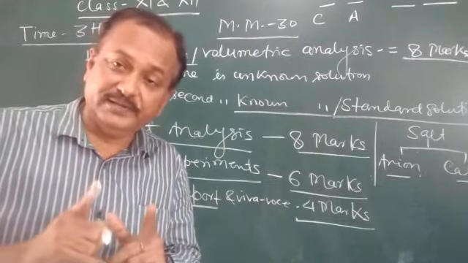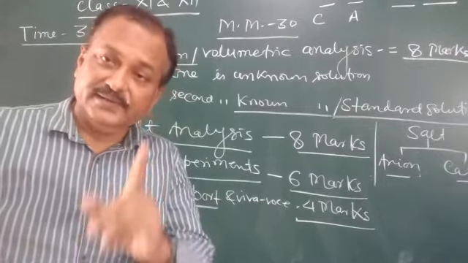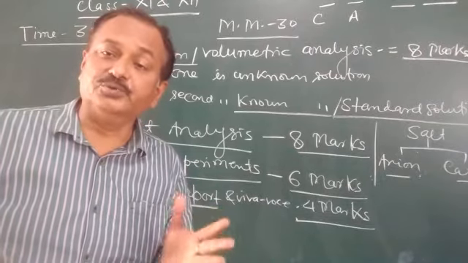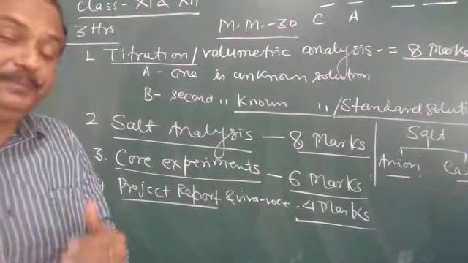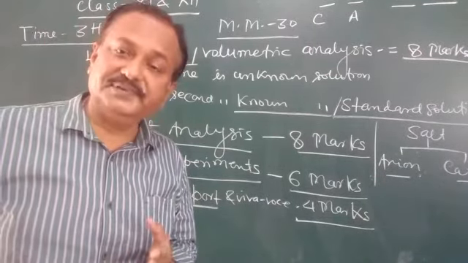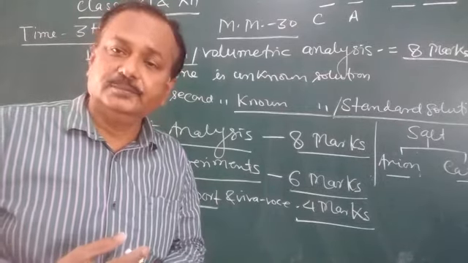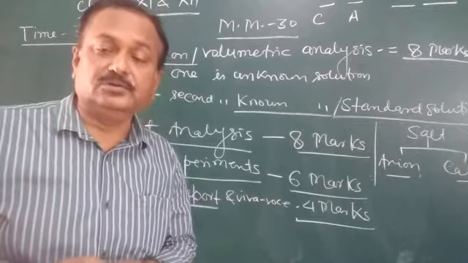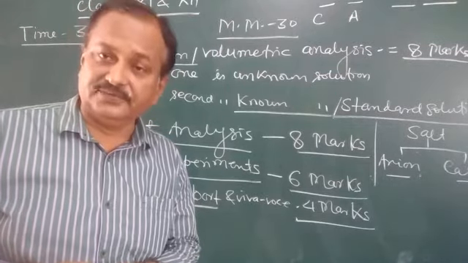Project has to be prepared, the file has to be made, and all the investigations from relevant sources have to be prepared. Like preparation of alum, which you call fitkari, potassium aluminum sulfate. It is prepared by taking equimolar amounts of potassium sulfate and aluminum sulfate by boiling.